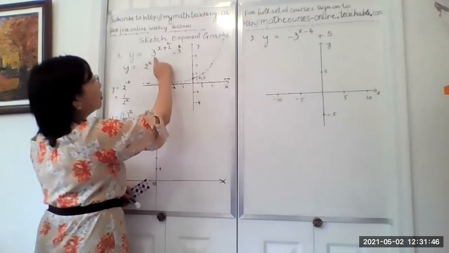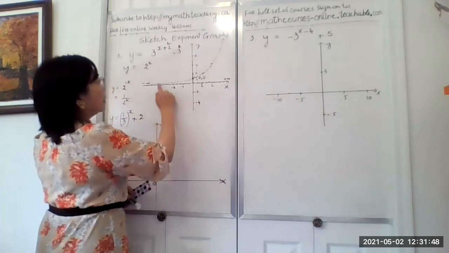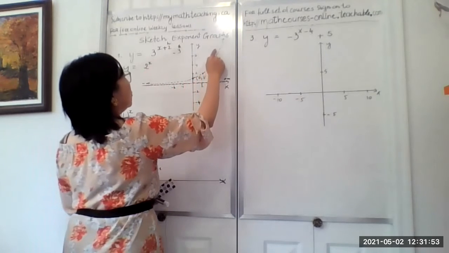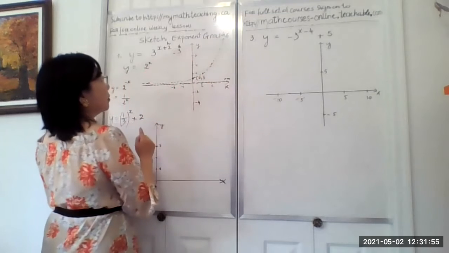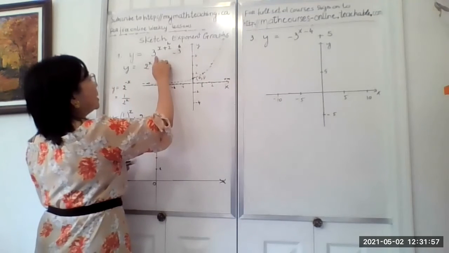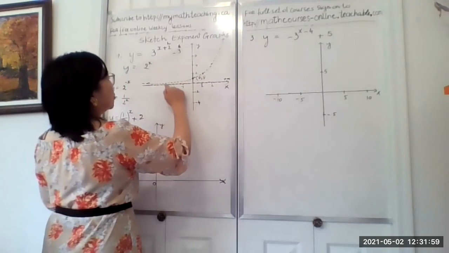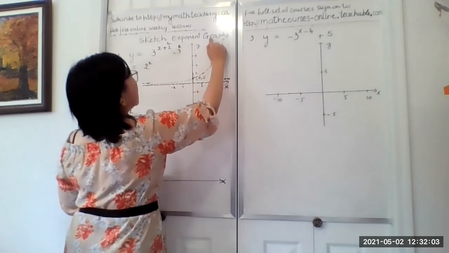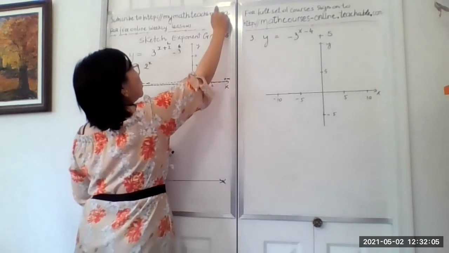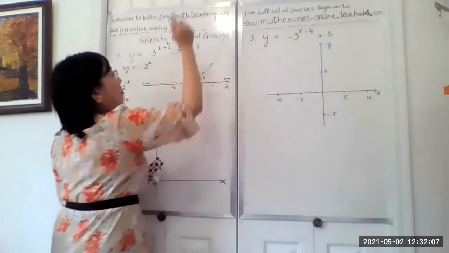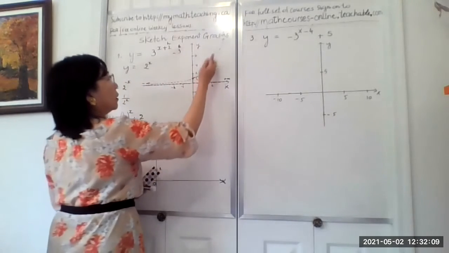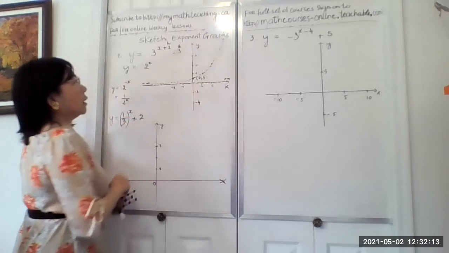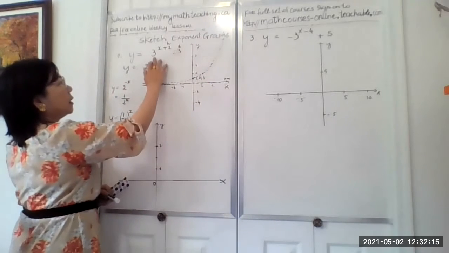Therefore, as long as you have a base bigger than this, the shape will have a steeper slope and move towards the y-axis. So let's say if you have a base of 10, then the shape of this graph will get closer and closer to the y-axis because the slope is increasing in a rapid way. So that is about the base.